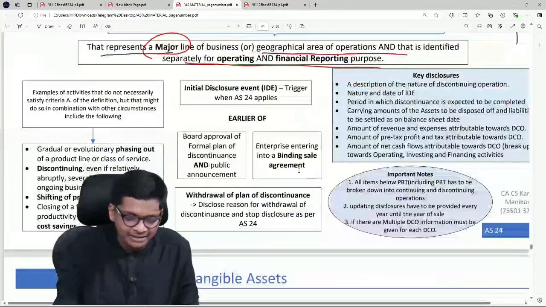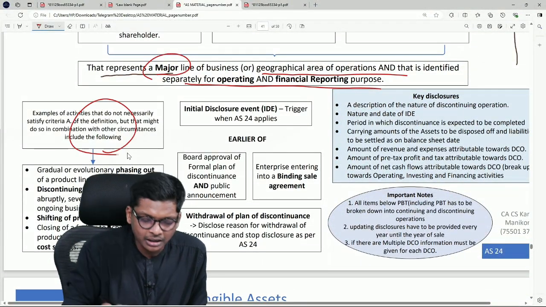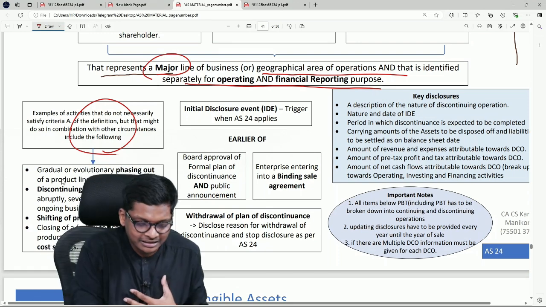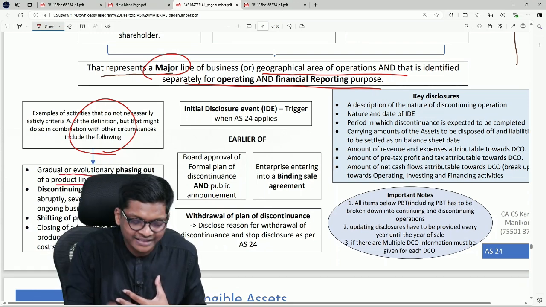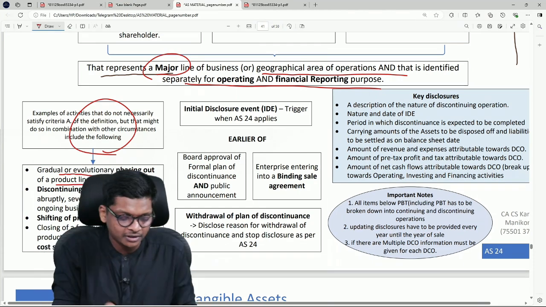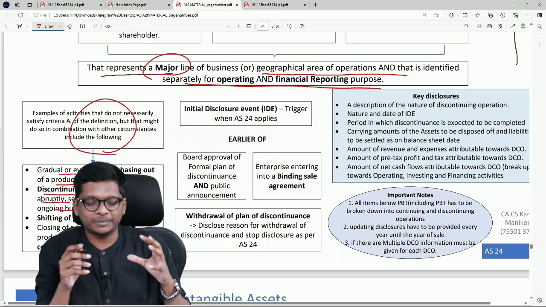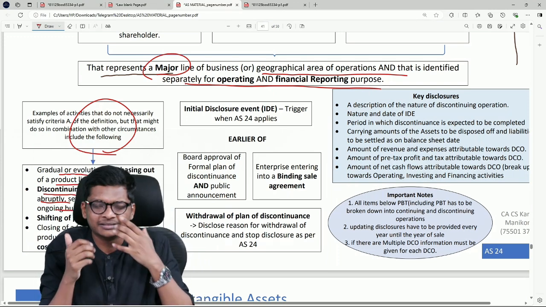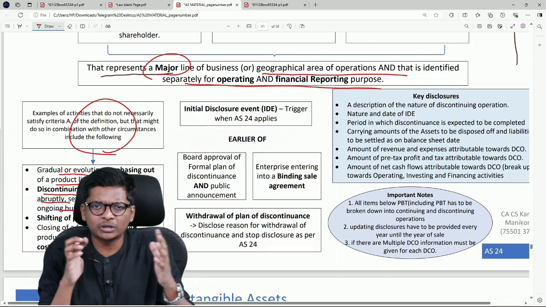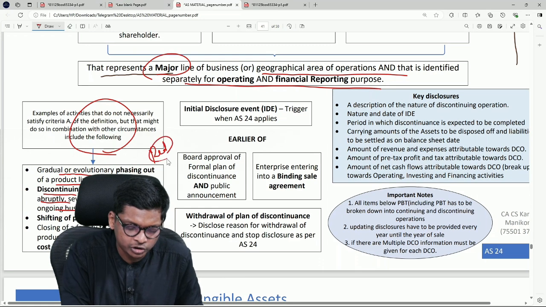Now here the standard itself says what is not a discontinuing operation. Gradual or evolutionary phasing out of a product, slowly reducing it over a period of time. Discontinuing even abruptly several products with an ongoing business. Let's say Lay's chips, there are many flavors. They suddenly decided this red flavor we will stop.